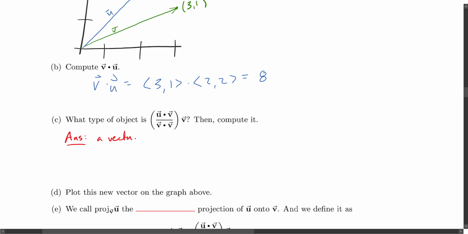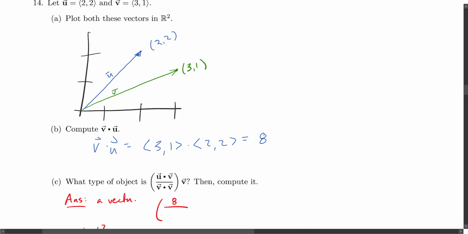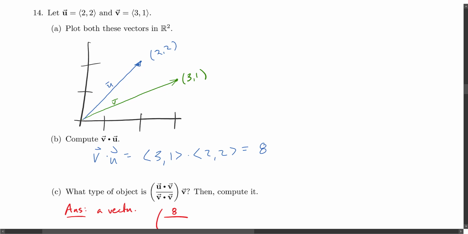So let's go ahead and find this vector real quick. We've got u dot v. Well, we computed that above. That was 8. And v dot v, let's see here. Remember that v dotted with v, one way to think about it is that it's simply the magnitude of v squared. But you can compute it from a couple of different viewpoints.